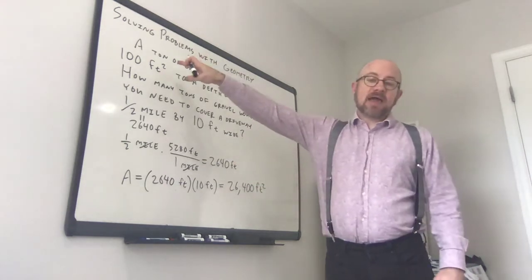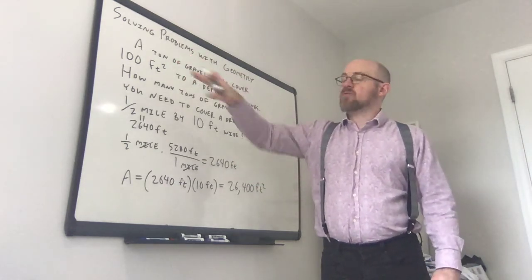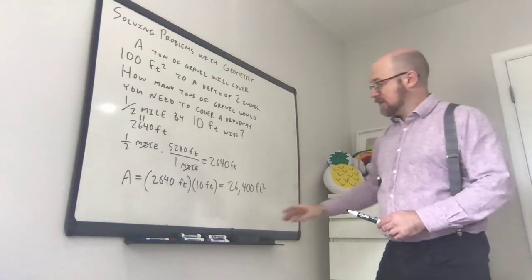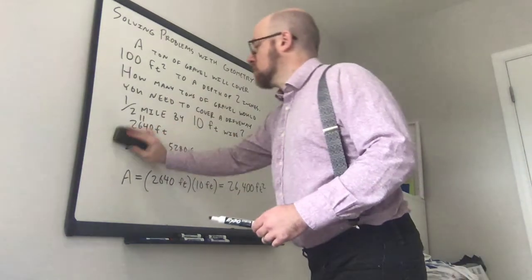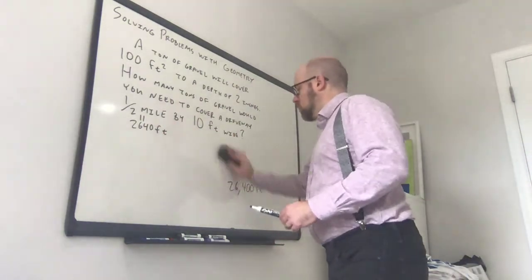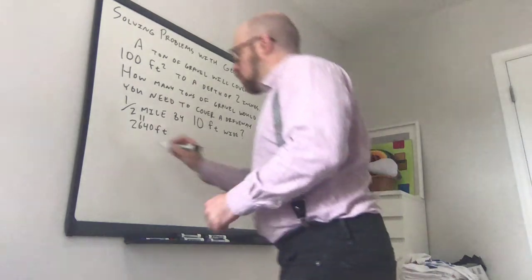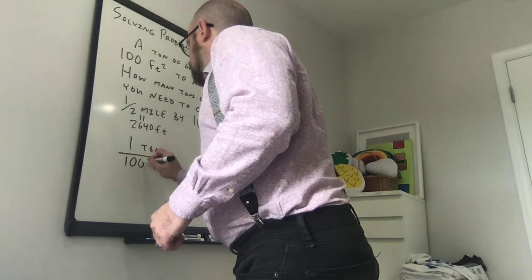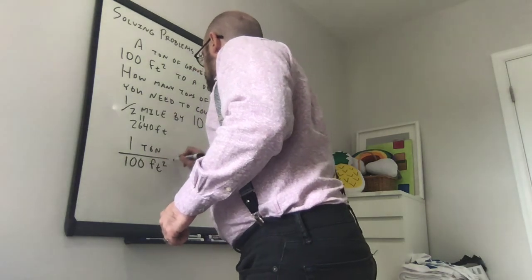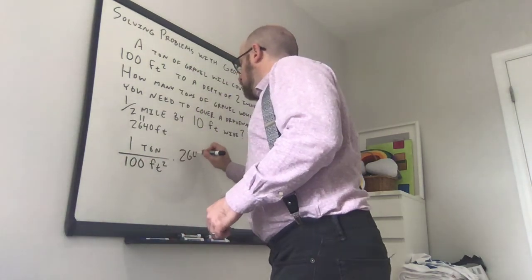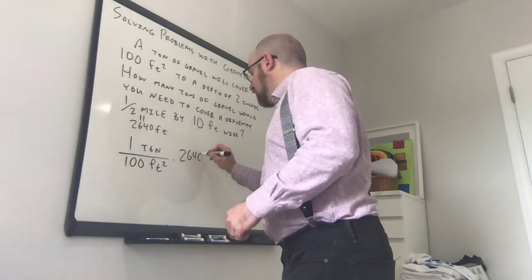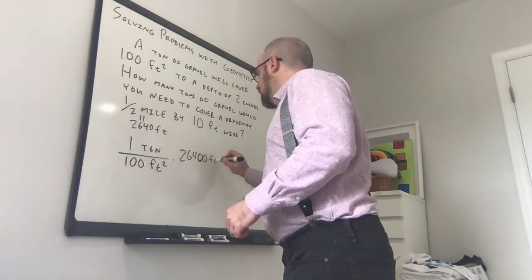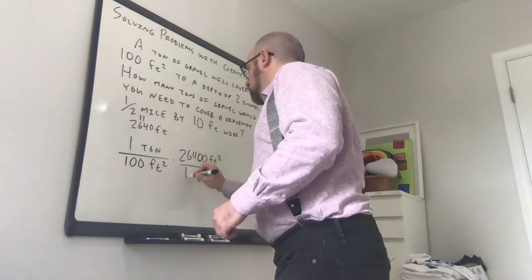Now we're going to combine that with our 1 ton of gravel per 100 square feet. So we've got 1 ton per 100 square feet. We multiply that by the 26,400 square feet per 1 driveway.